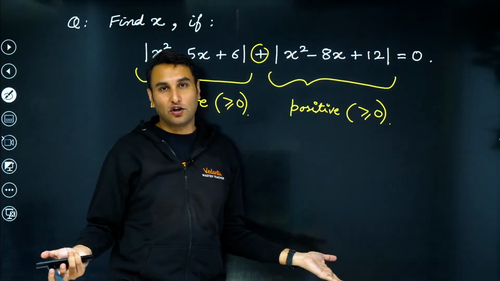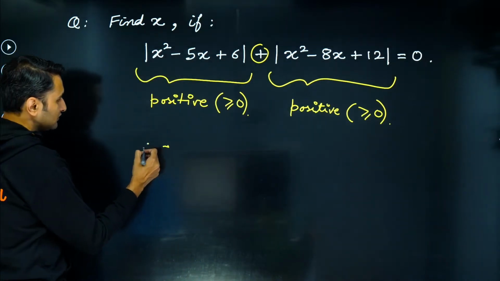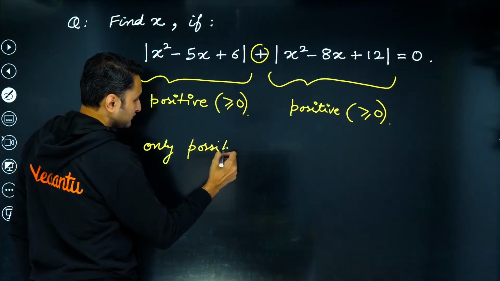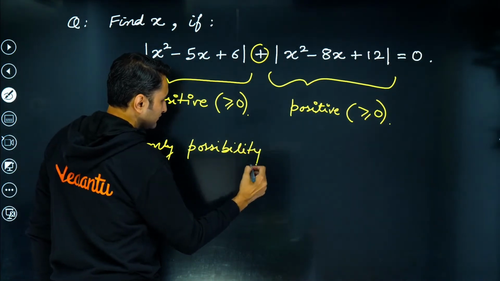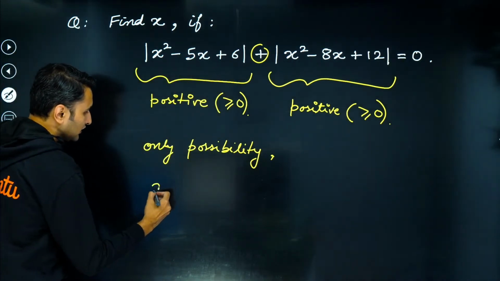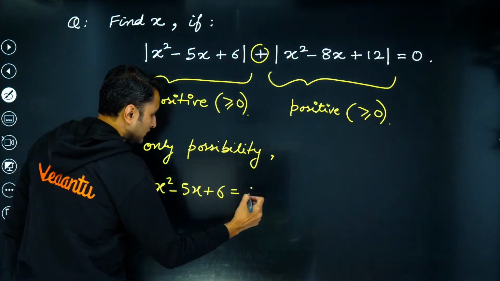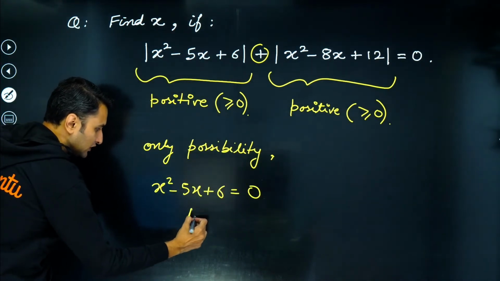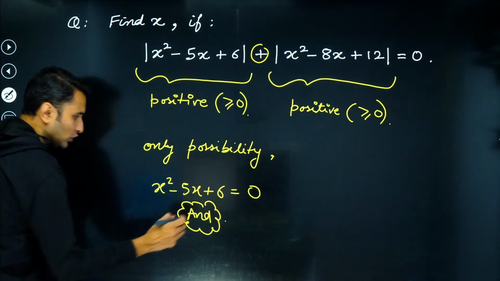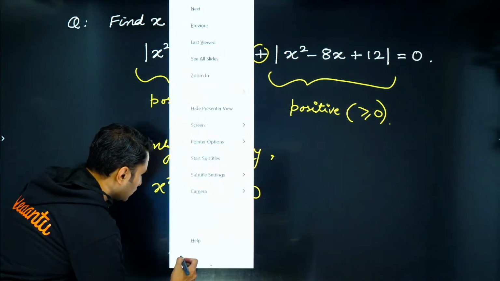So the only way to solve is, let's make both of these 0. So the only possibility is when this is 0, and, remember I'm using the word and, both this should be 0 as well as this should also be 0.